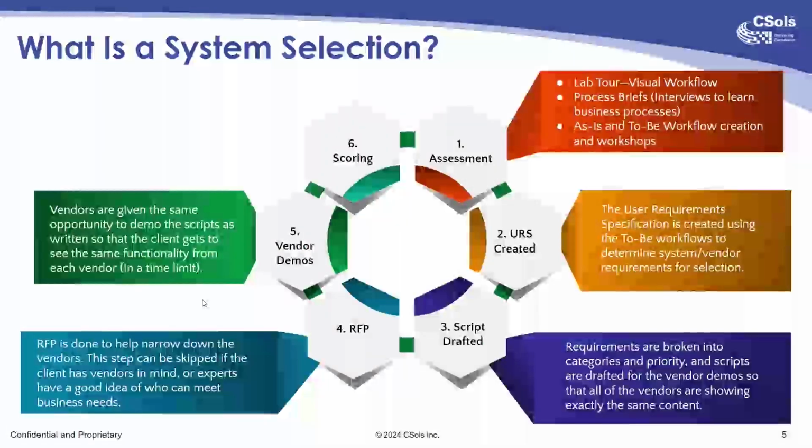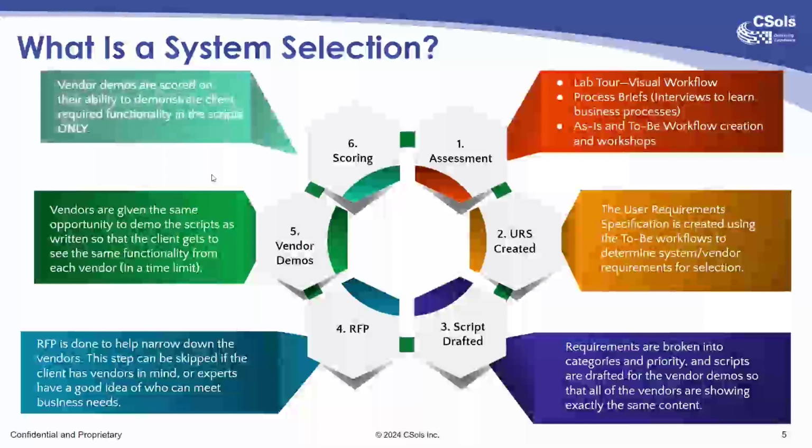Next, we'll move into our vendor demos. So vendors are given the exact same opportunity to demo the scripts as they're written. So the client gets to see the same functionality from each vendor. And those are timed. So once the vendor has used their time, they have to move on to the next script. And then finally, one of the other critical pieces of these system selections are your scoring.